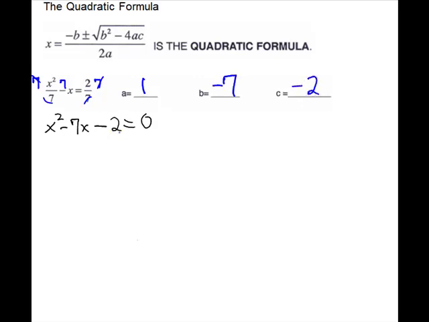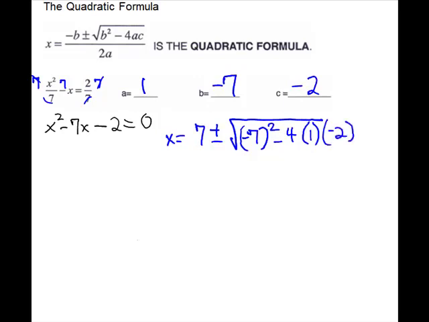You could think about factoring. This is not going to factor. Your choices are 2 times 1. So we'll go ahead into our quadratic formula. x equals negative 7, so it will be 7 plus or minus the square root of negative 7 squared minus 4 times 1 times a negative 2 all over 2 times 1.